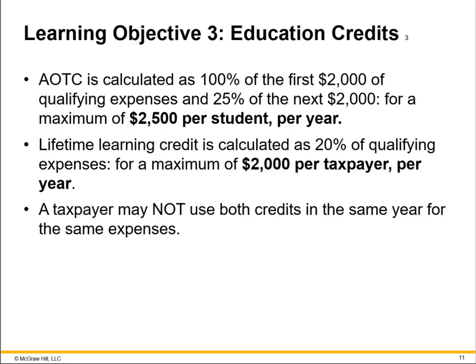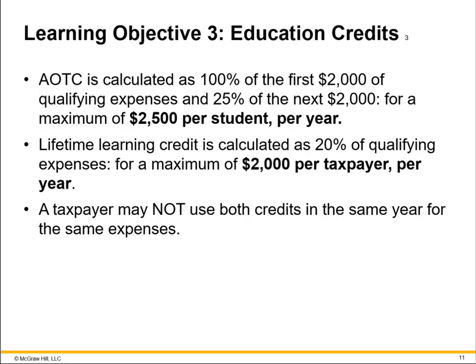So the first credit, the American Opportunity Tax Credit, is calculated as 100% of the first 2,000 of qualifying expenses and 25% of the next 2,000. So only 4,000, and you know that tuition can be much, much more than that depending on the college. So you hit that maximum very quickly: 2,500, and that is per student.